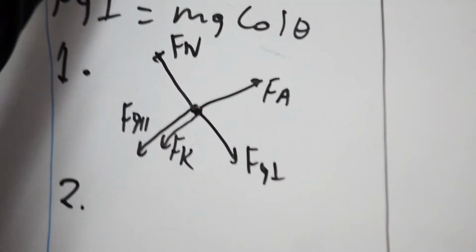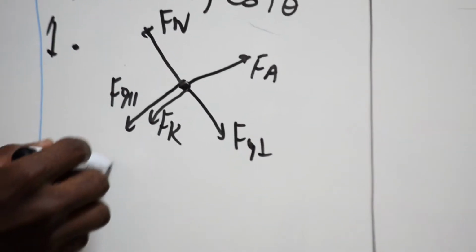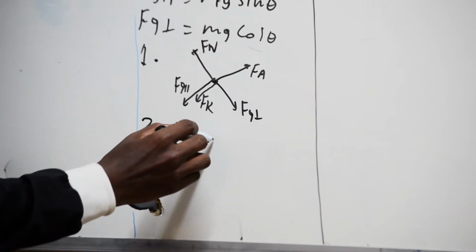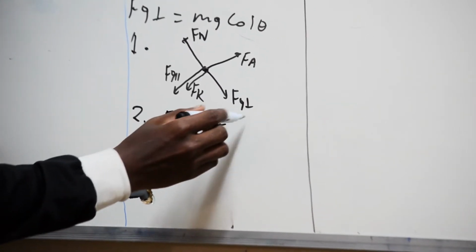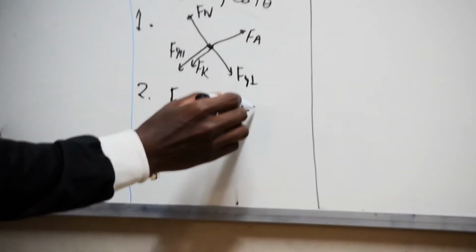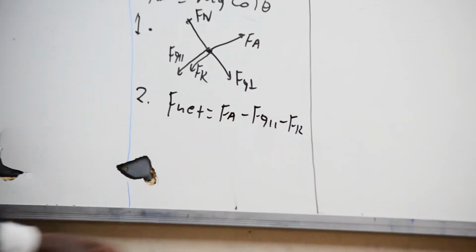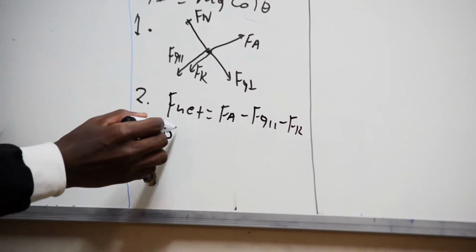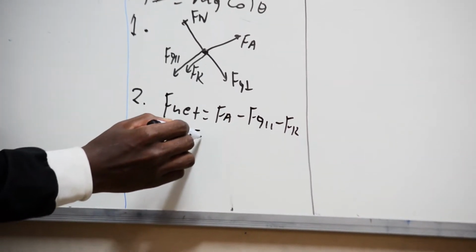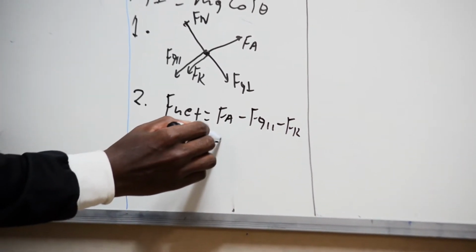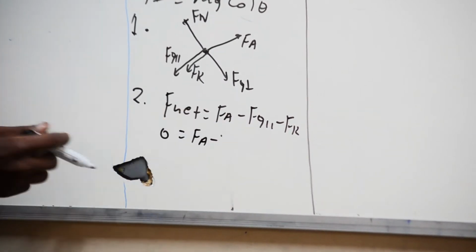So if I'm required to find F, I will use my F net equation. F net is equal to FA minus FG parallel minus FK, but this is 0. FG parallel is mg sine theta.